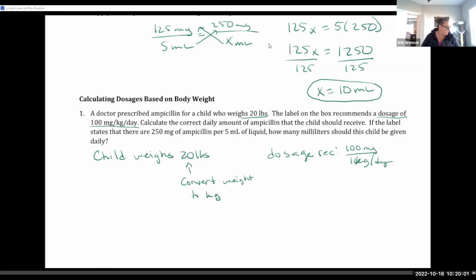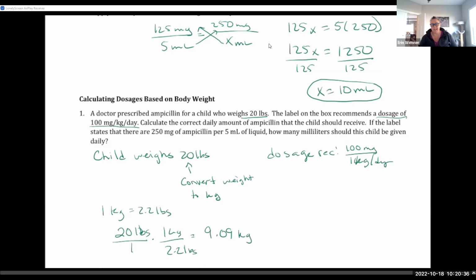So we know that 1 kilogram equals 2.2 pounds. So if we take our 20 pounds, multiplying by 1 kilogram over 2.2 pounds, what do we come up with? 20 divided by 2.2 gives us approximately 9.09 kilograms.